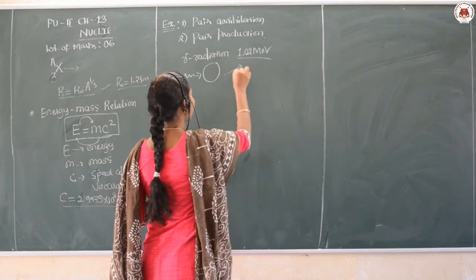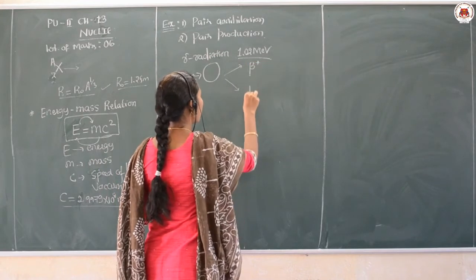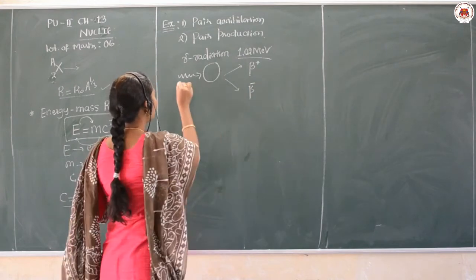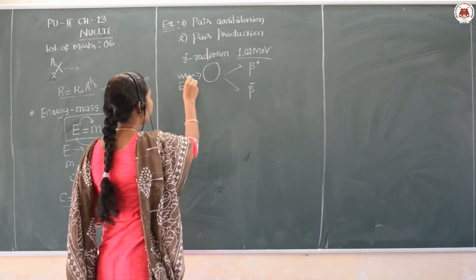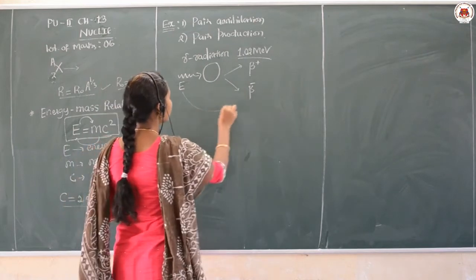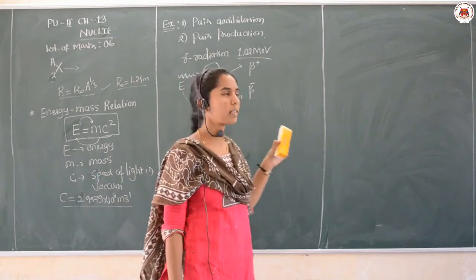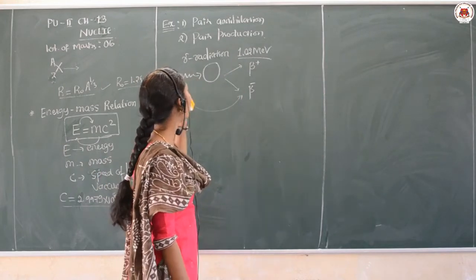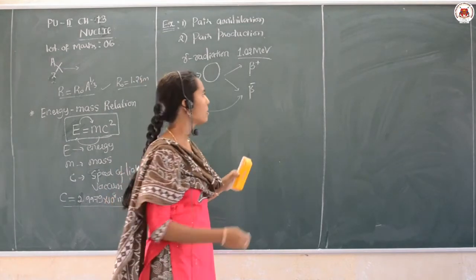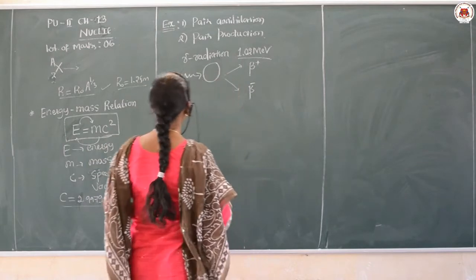It produces a positron and an electron. Here the energy of the gamma rays is converted into mass. Such a process we call the pair production process. Is that clear? Okay. So these two are related to Einstein's mass-energy relation.